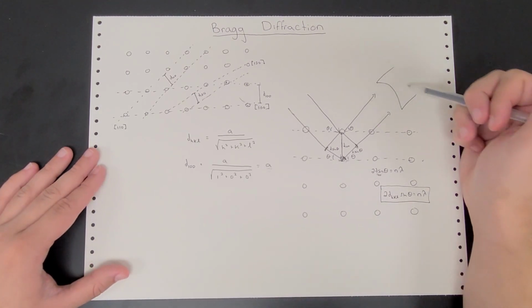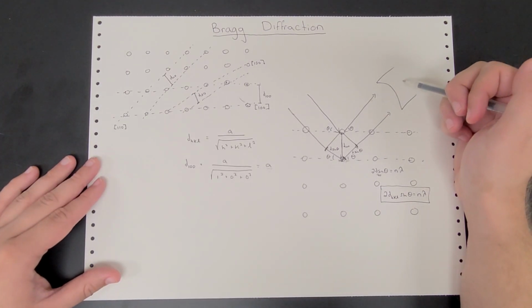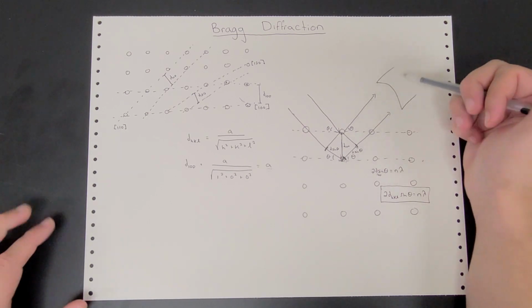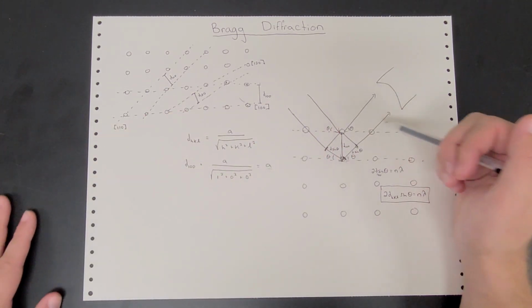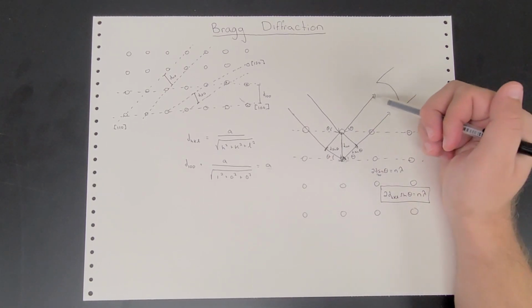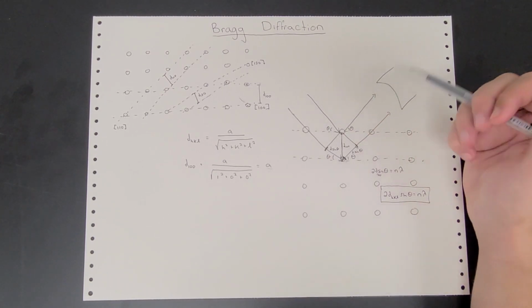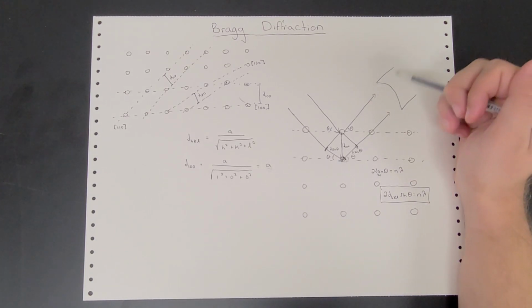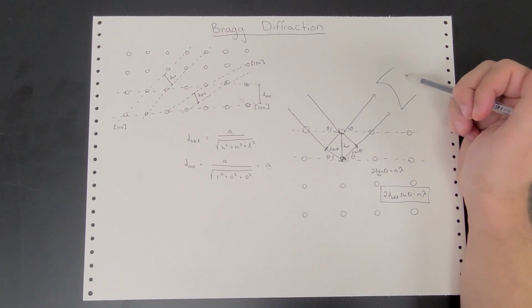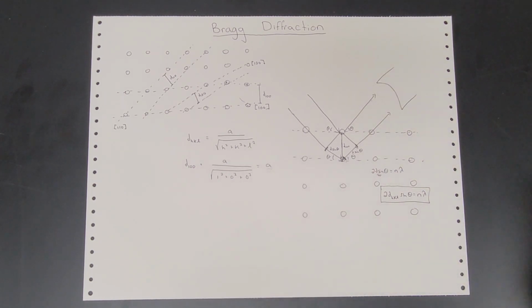At any other point other than the maximum constructive interference, we'll get a small voltage signal because these waves are going to be interacting and canceling each other out. So whenever they have the most constructive interference, where Bragg's condition is met, we'll see a maximum signal on our voltmeter.